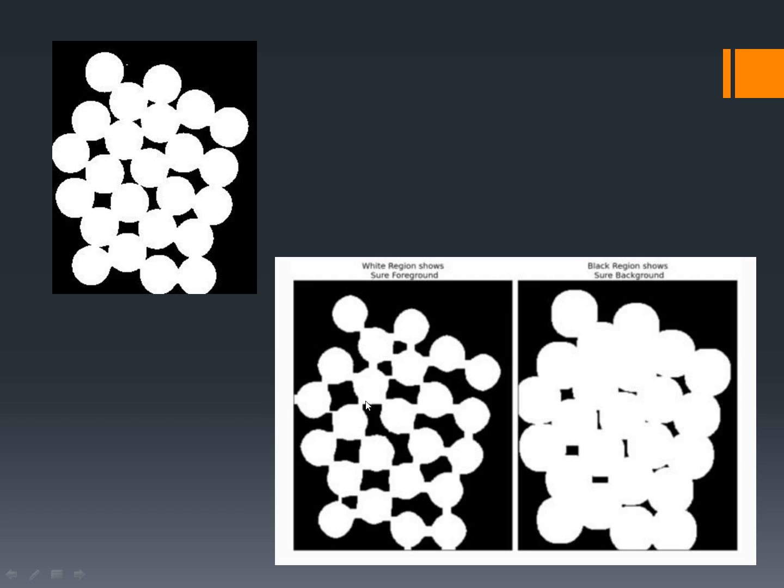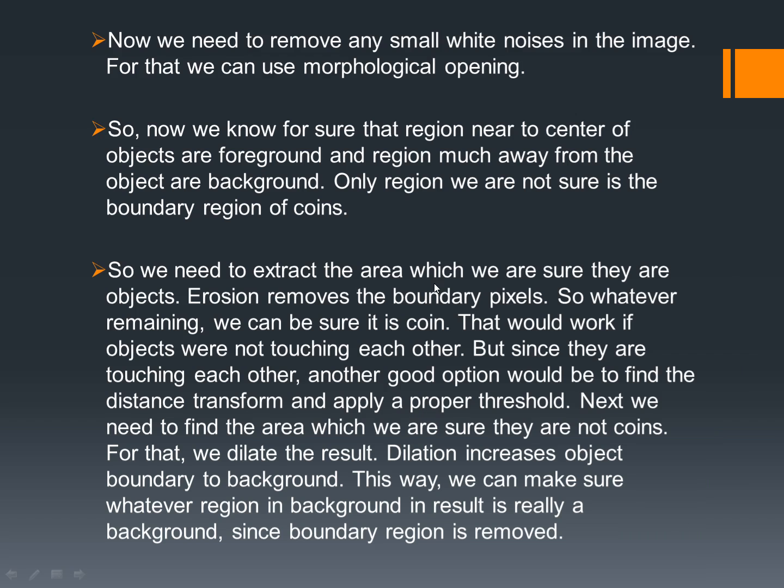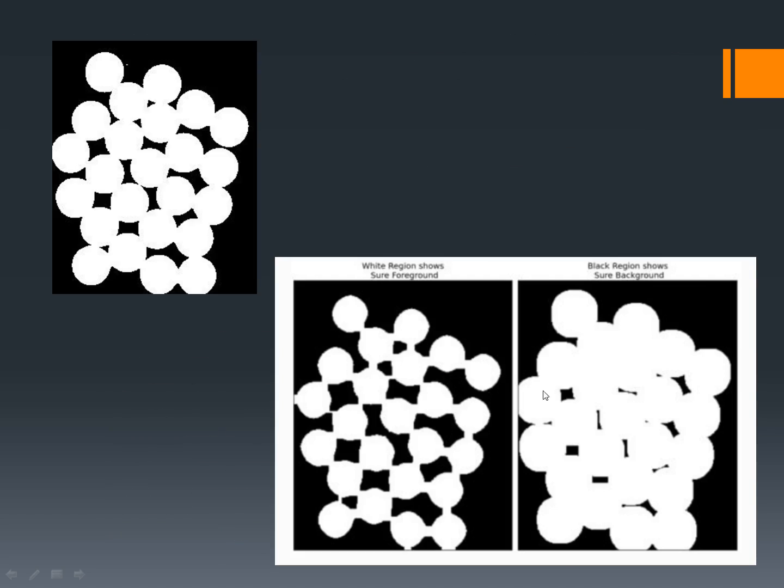If erosion takes place on the boundary pixels, whatever remains we can be sure is the coin, or the object. But for the foreground we are using the distance transform. We are not using erosion for the foreground.